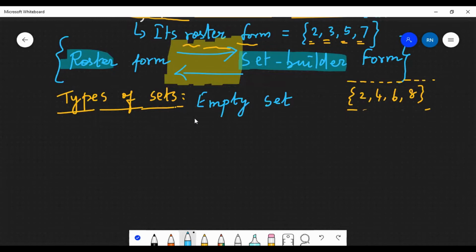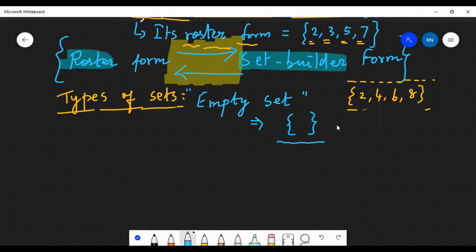I mean, it doesn't have any element in it. And there is a symbol for it, denoted by the symbol: the braces with blank space. That's it. Nothing in it. Open braces, give a space, closed braces. This is called the empty set.